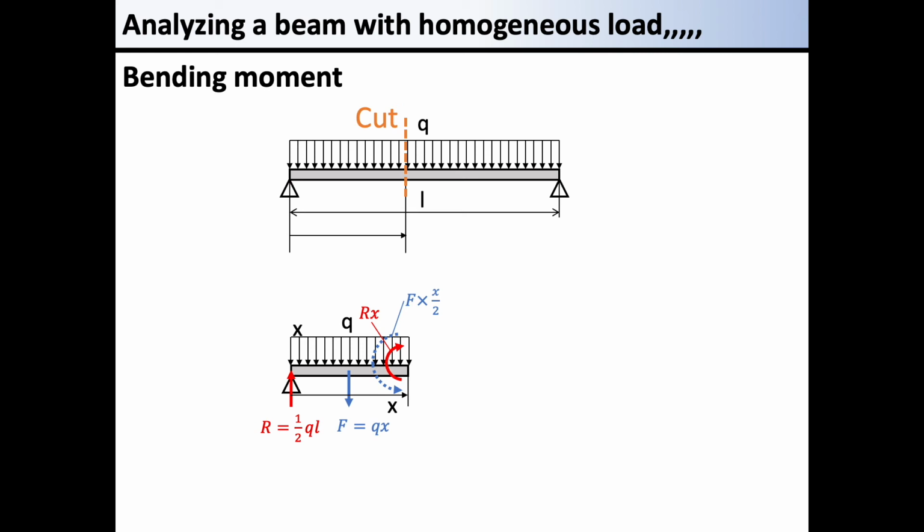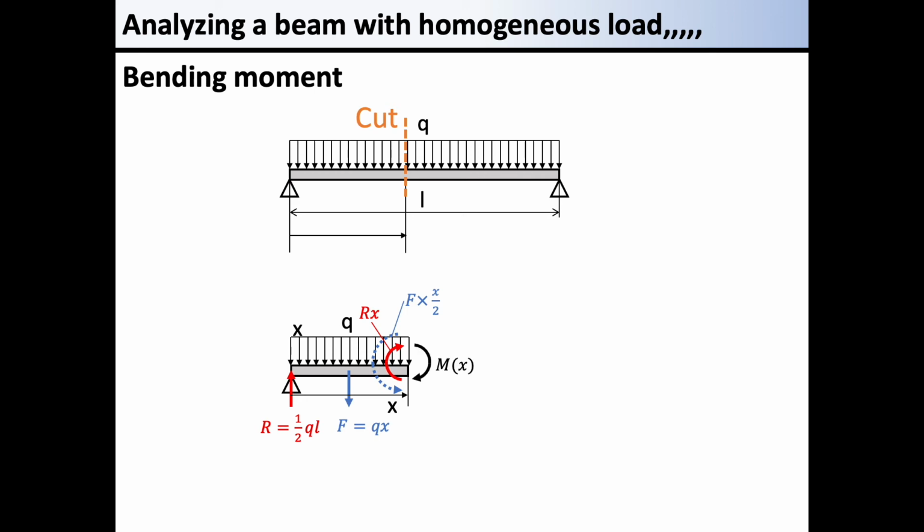Then, the moment caused by the force Qx acting at x is Fx divided by 2. This is the moment acting downward. We have just shown two moments acting from the left side on the positions along the x-axis.